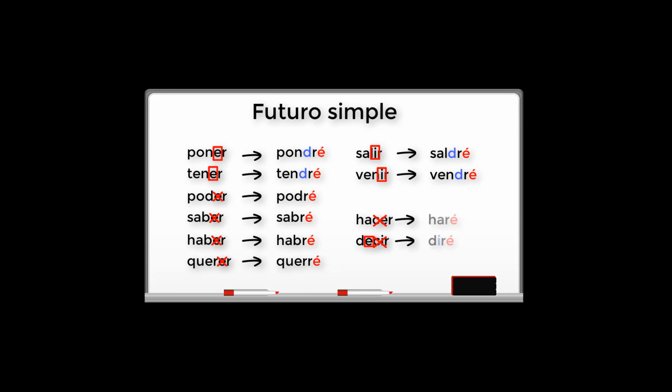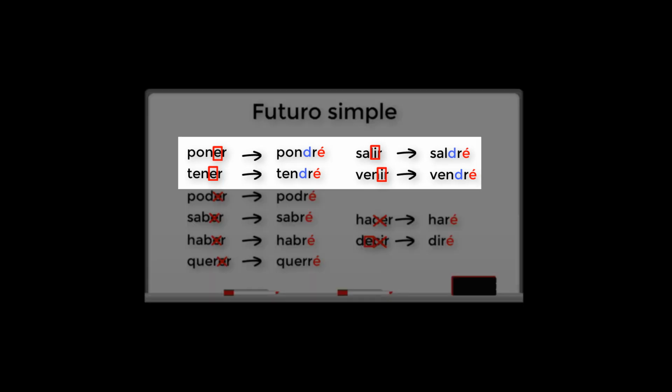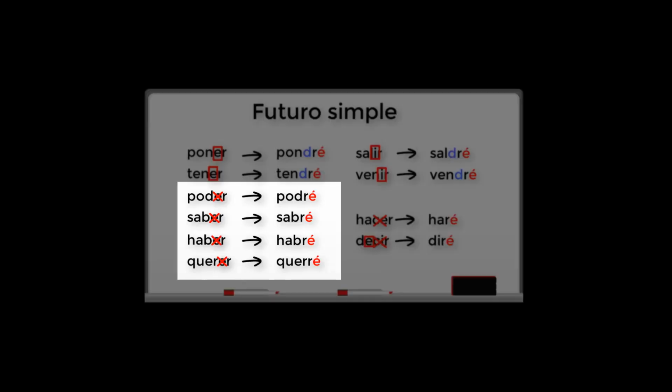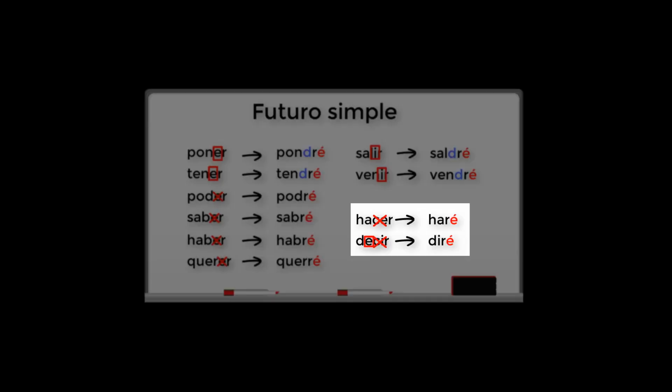So at the end we have haré, diré. So as you can see, we have three types of irregulars. One where we replace e or i with d. One where we just remove e and one where we remove ce and ci.